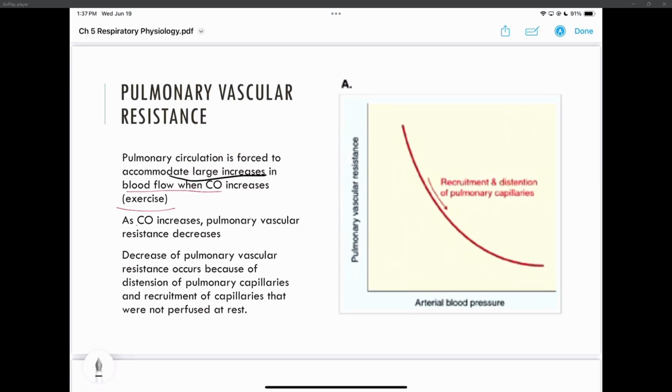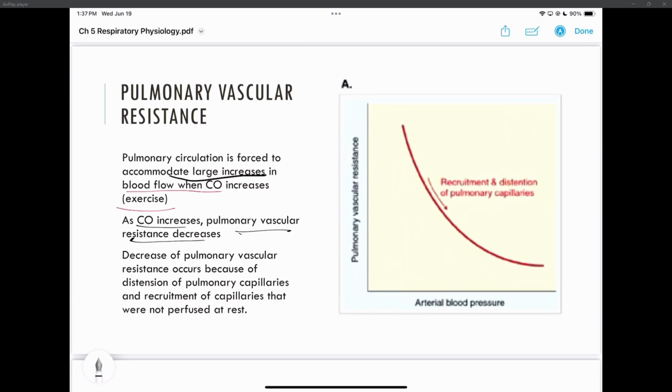So as cardiac output increases, pulmonary vascular resistance decreases. Why is that important? What's going to happen to flow if the resistance decreases? Increases. Why is increasing flow of blood very important for exercise?